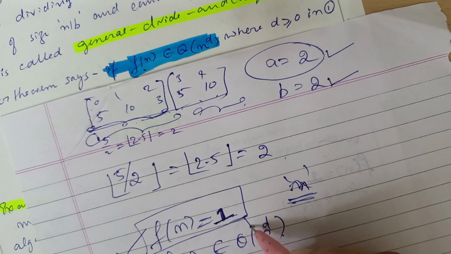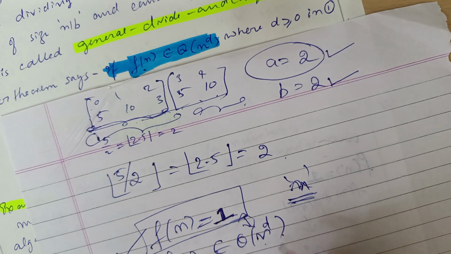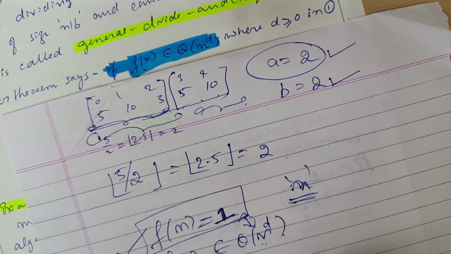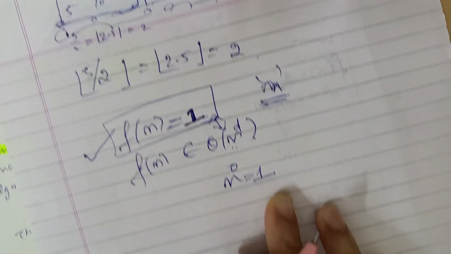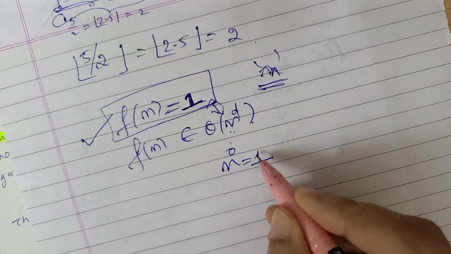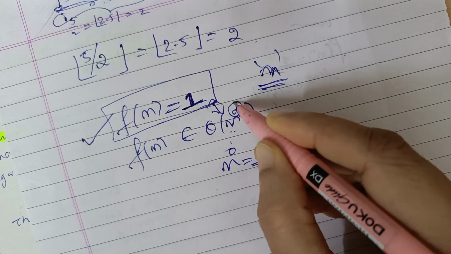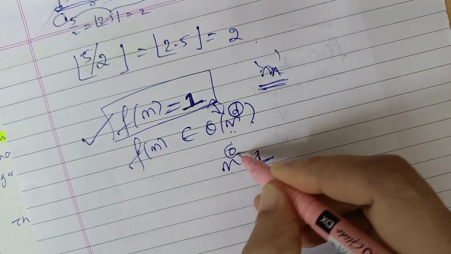If we compare these two carefully, n to the power 0 gives 1. So the d value is 0.